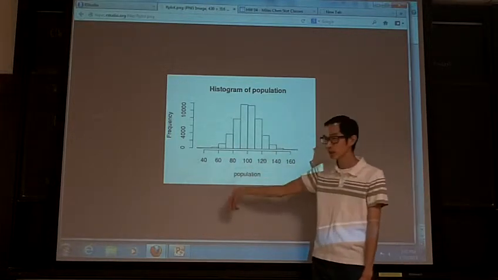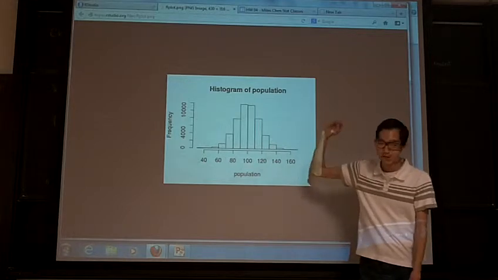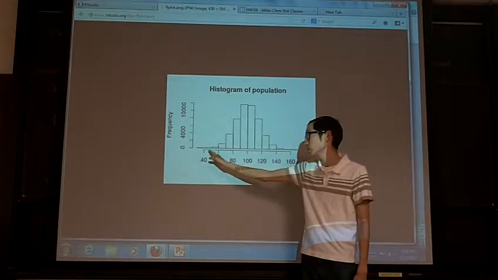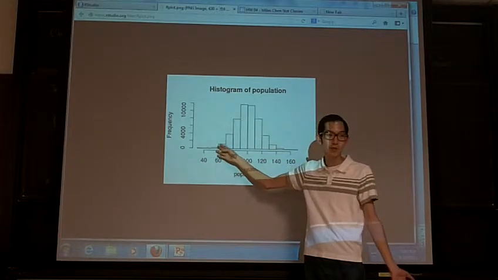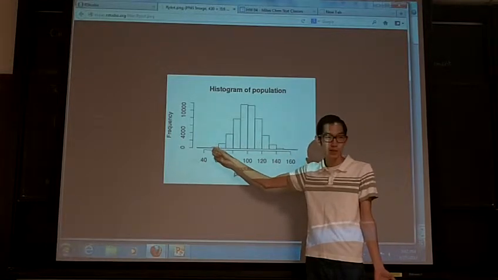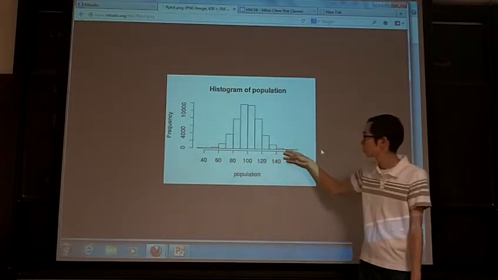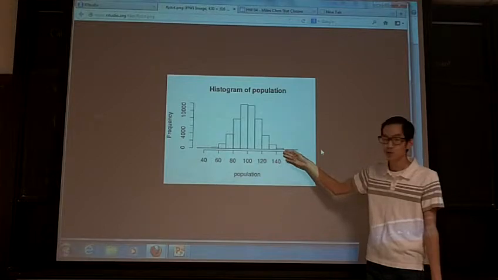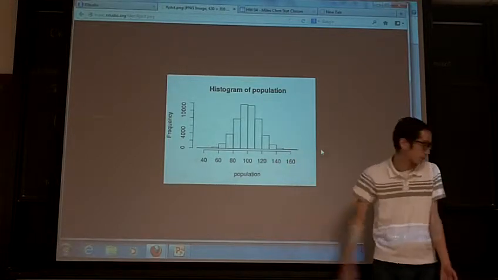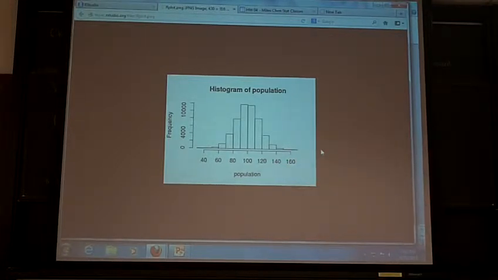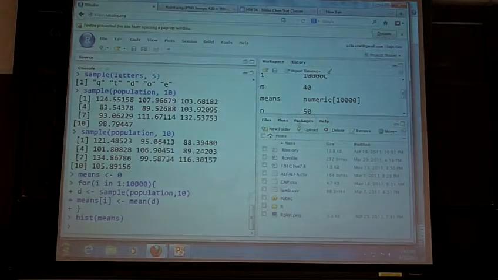So when we looked at just individuals, we didn't have very many, but there were a few individuals with IQs of about 50 or 60, and a few individuals with IQs of about 140, 150. But when we look at this, where did it go?